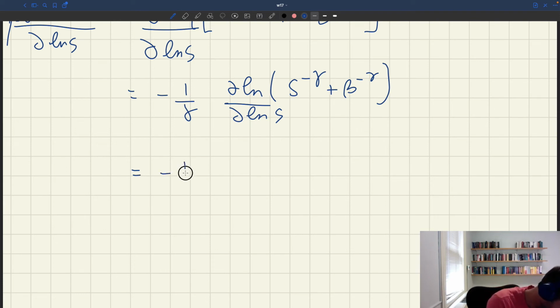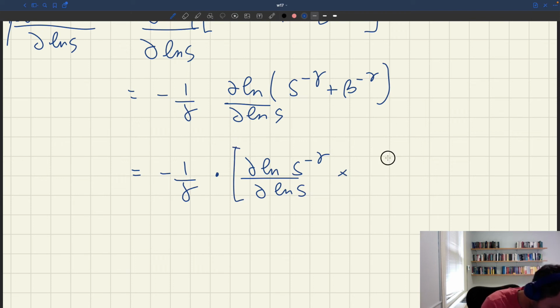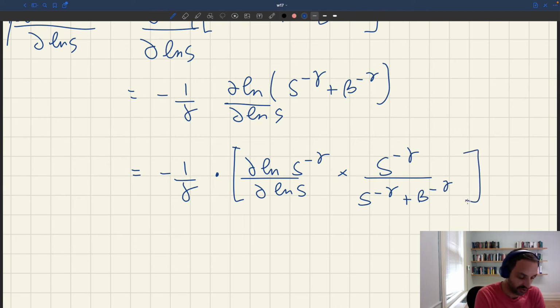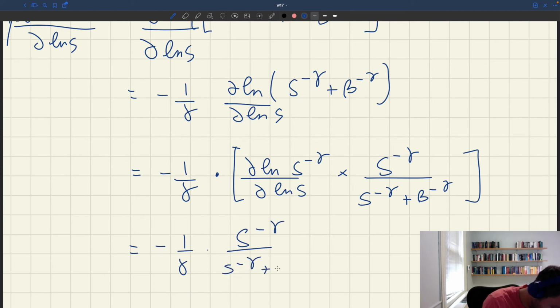So this is just going to be the elasticity of s to the minus gamma times the weight, so s to the minus gamma over s to the minus gamma plus b to the minus gamma, the weight of s to the minus gamma in the sum. And that's just another property of our elasticities. And this we can simplify further, so it's minus 1 over gamma, s to the minus gamma plus b to the minus gamma. And then the elasticity of s to the minus gamma with respect to s, well, that's just minus gamma.